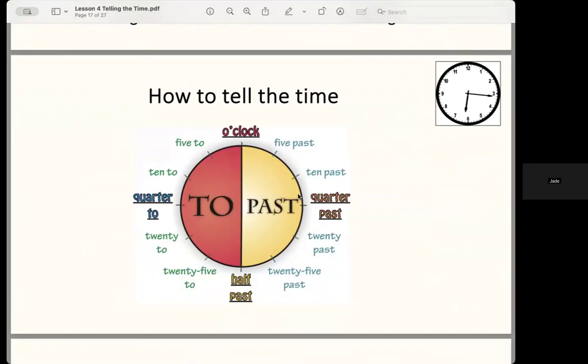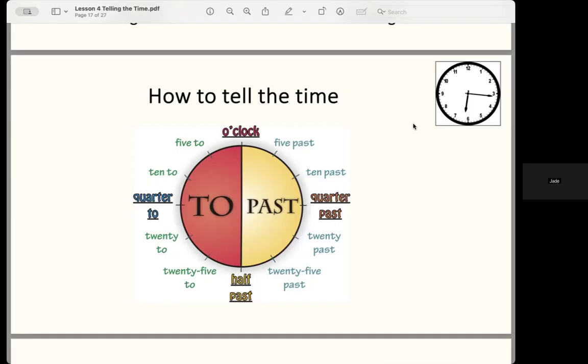It's divided up into the 60 minutes that makes up an hour. Because there are 12 positions on the clock face, each number represents 5. So 60 divided by 12 is 5. So each number represents 5 minutes.